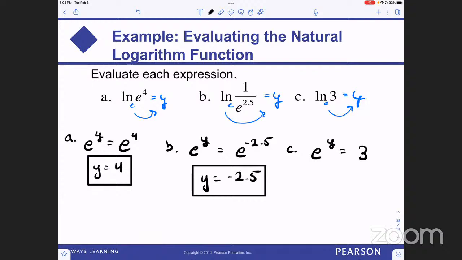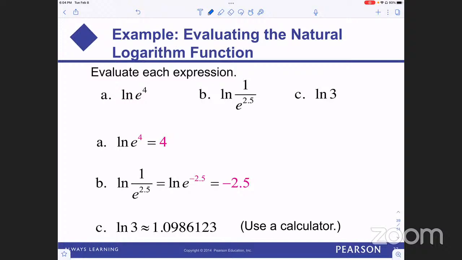In my calculator, I would just do the natural log of 3. The last one we said use a calculator.